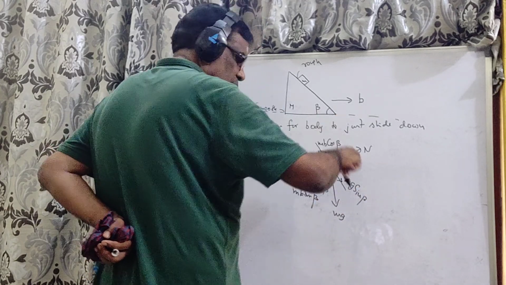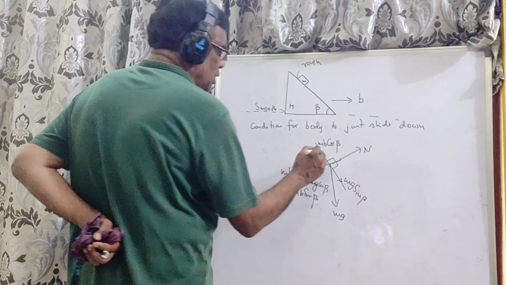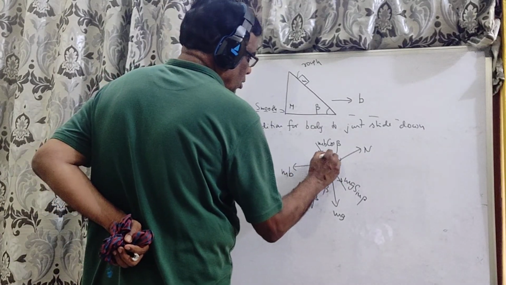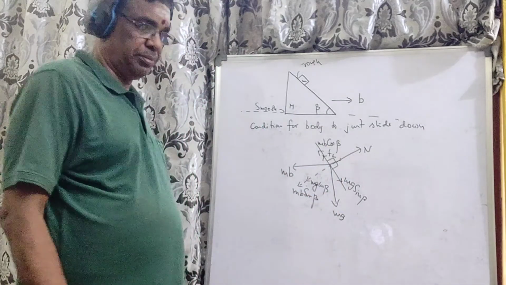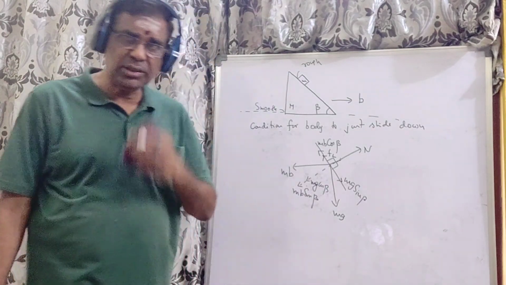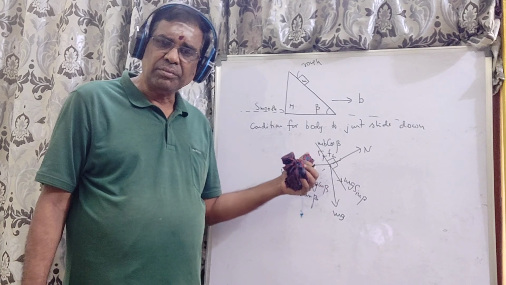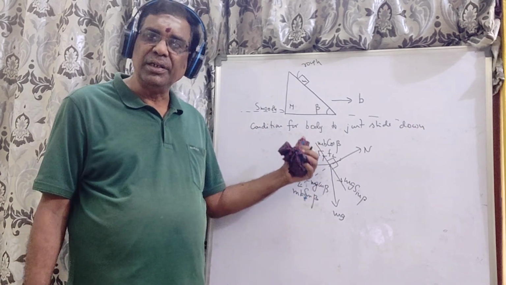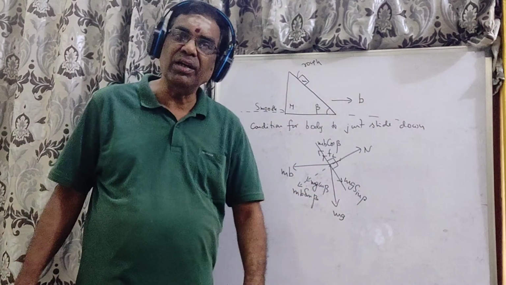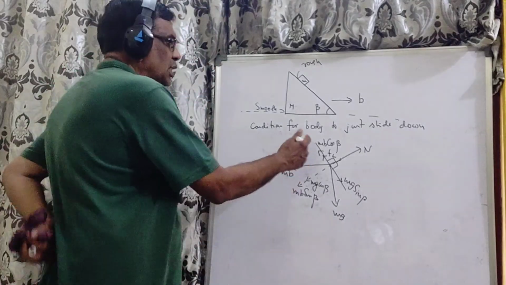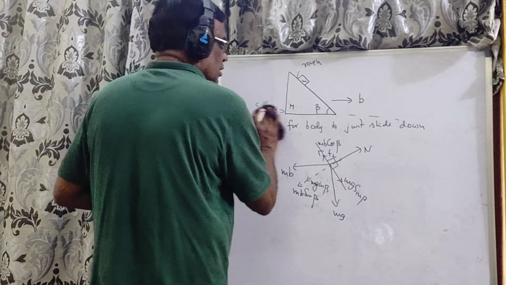It should be prevented from slipping, therefore FL. Suppose they ask you to prevent it from slipping up, then FL will be downwards. In this case, what do you get? We will see here.